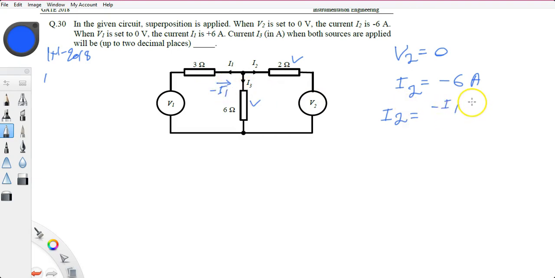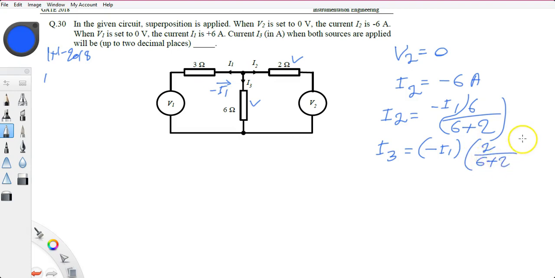Minus of I1, 6 upon 6 plus 2, and your I3 will be minus of I1, 2 upon 6 plus 2 due to the current division.